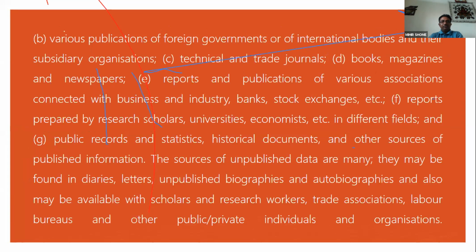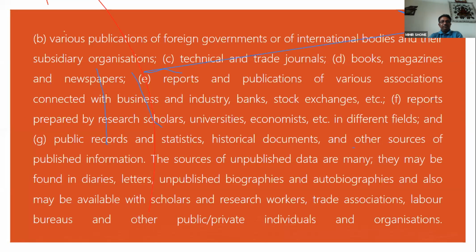Various publications of foreign governments or of international bodies and their subsidiary organizations, technical and trade journals, books, magazines and newspapers, reports and publications of various associations connected with business and industry, banks, stock exchanges, etc.